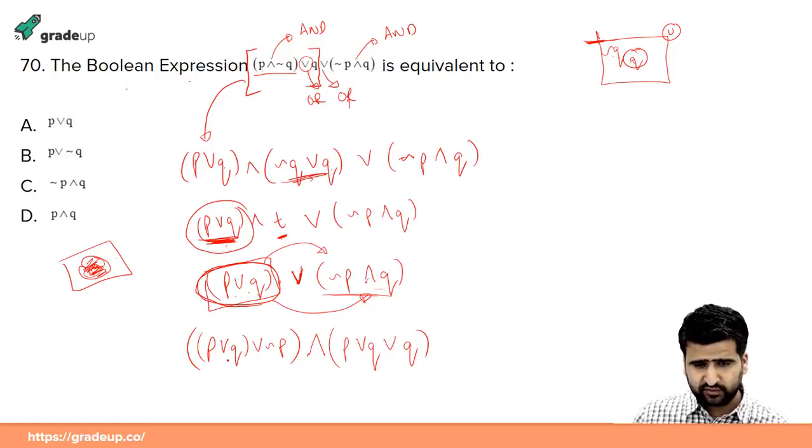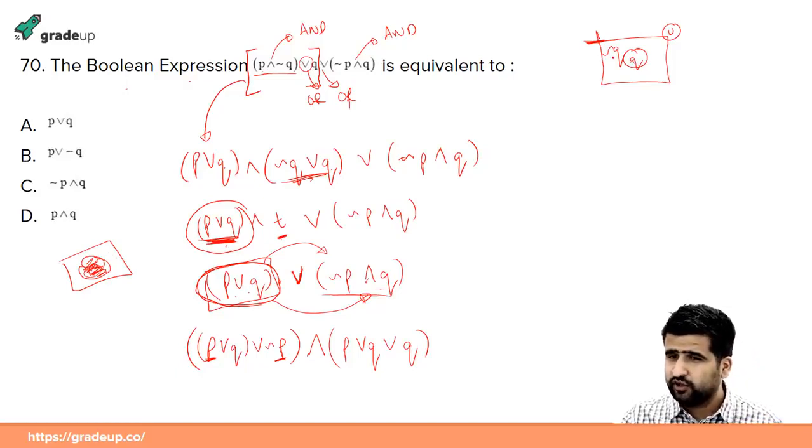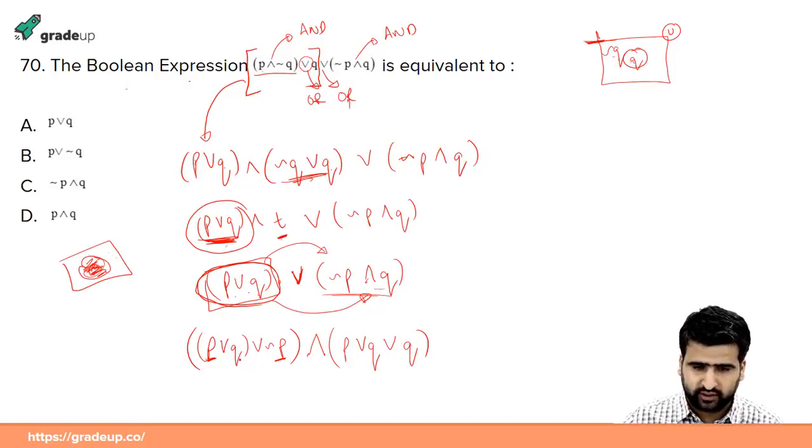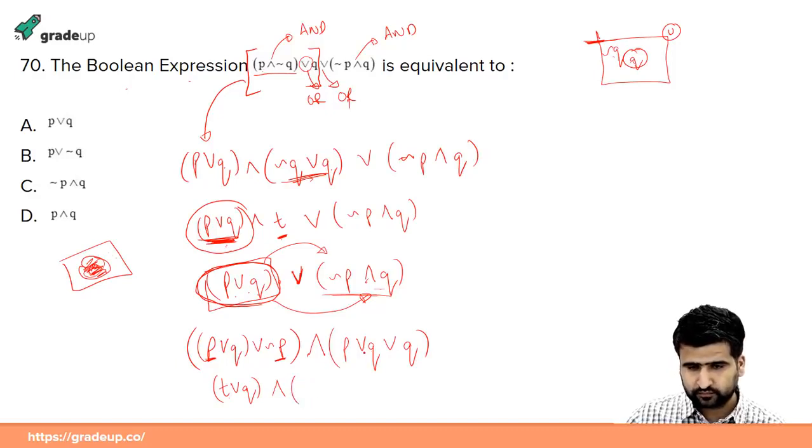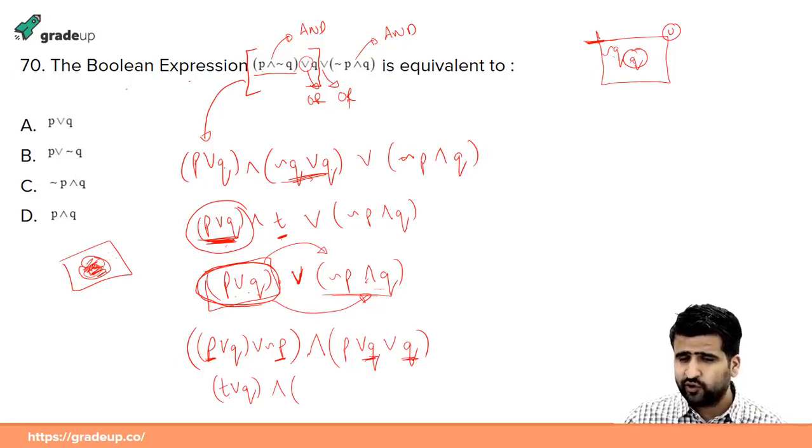If you see this very carefully, you have P or not P. This is again similar to Q or not Q. In this case we have P or not P, so this will actually give you the total part. This will always be true. So this is T or Q, and you have P or Q or Q. There's no need of writing Q 2 times.